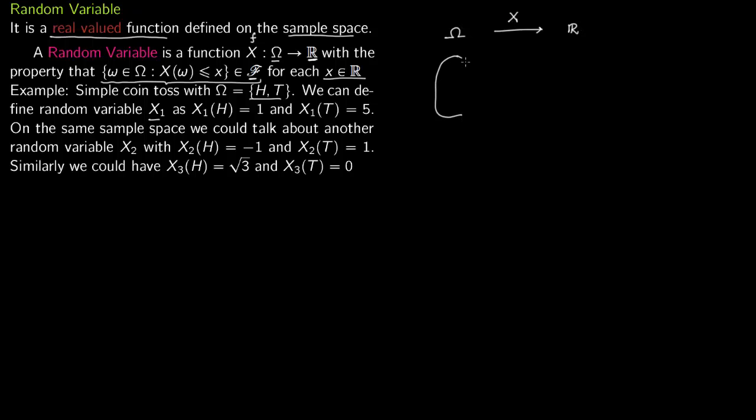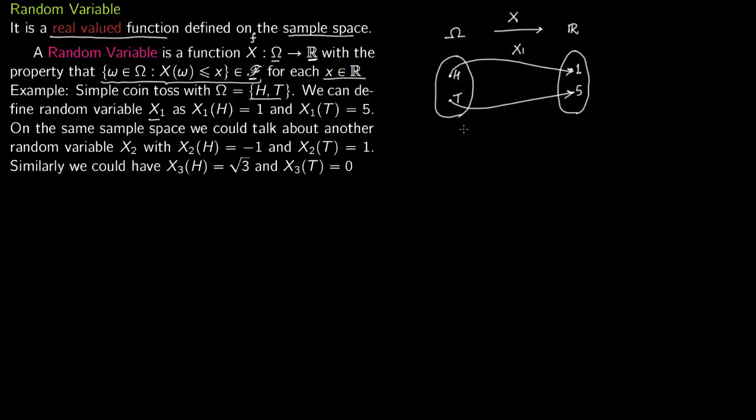In the first example, our sample space consists of head and tail, and the real numbers are 1 and 5. So x1 acting on head gives you 1, and acting on tail it gives you 5.